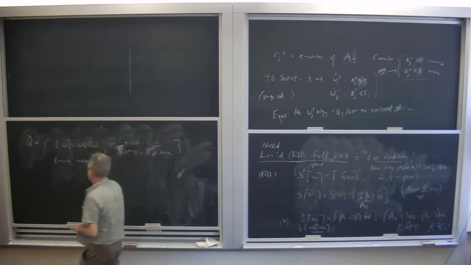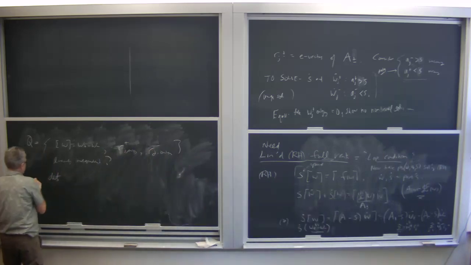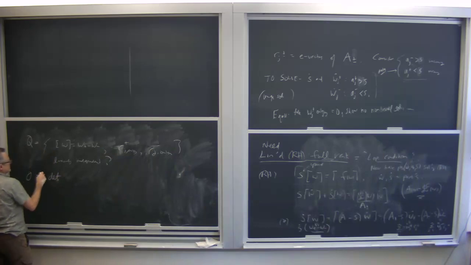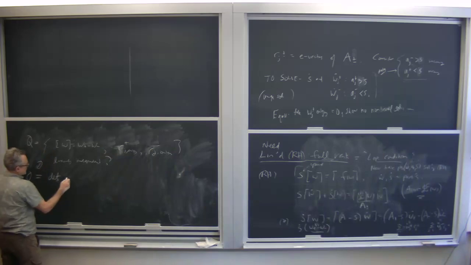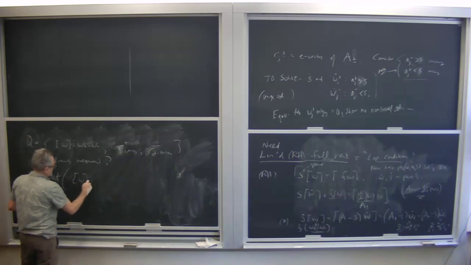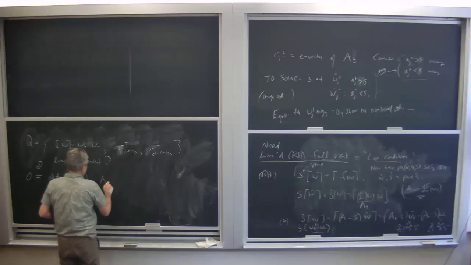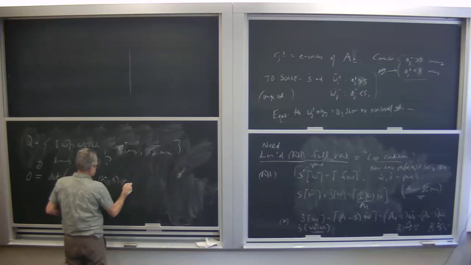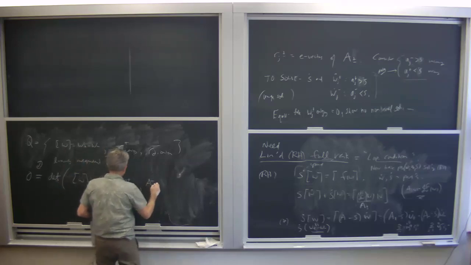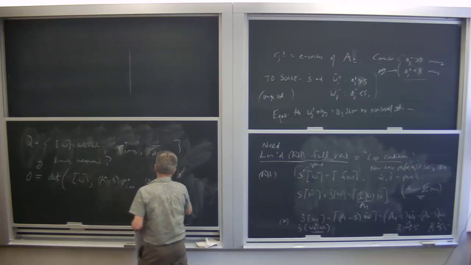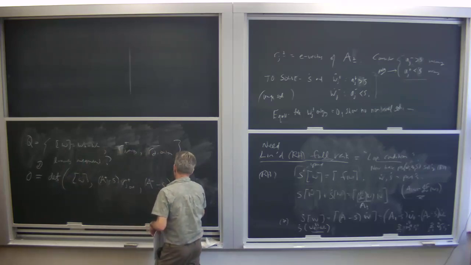And so I'm asking, can zero be equal to the determinant of the jump in W, and then we have A plus minus S times Rj plus out, A minus S times Rj minus out.